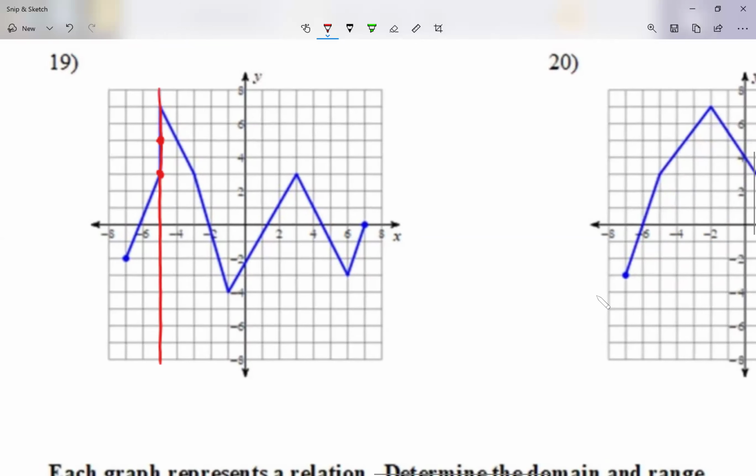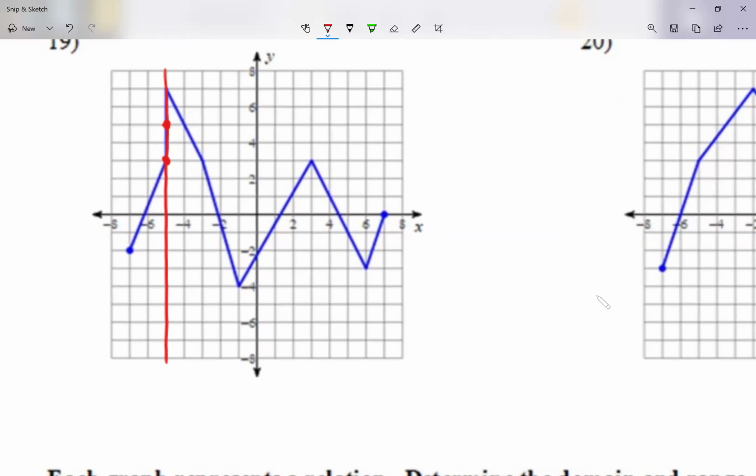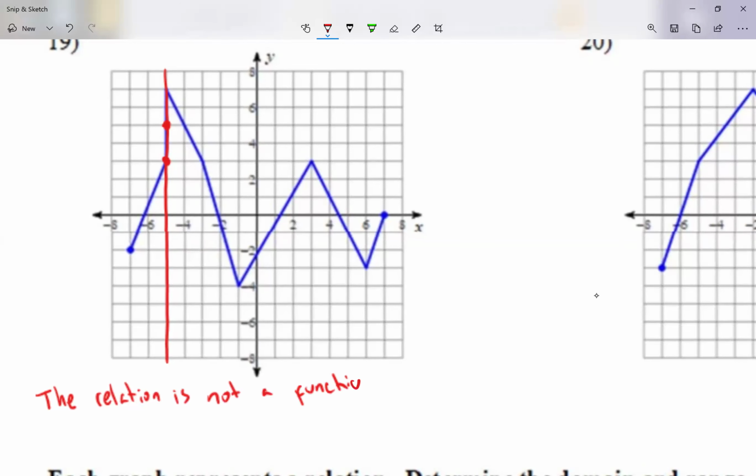If I'm able to find such a line, I'm going to say that relation is not a function. My job here is really to find it not a function. I'm given a graph.